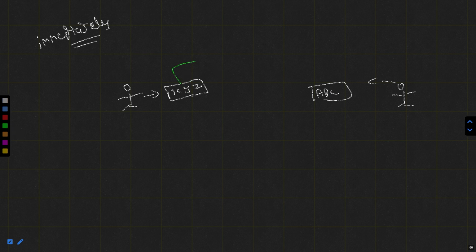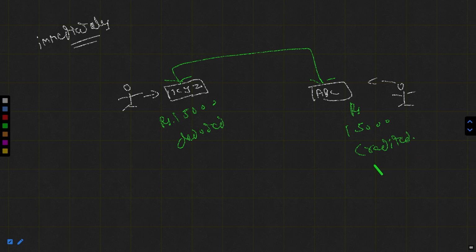As we have discussed, the process is too fast. Rupees 15,000 deducted, rupees 15,000 credited, right? Because the process is too fast, here comes the concept of immediately. But what about irrevocably?